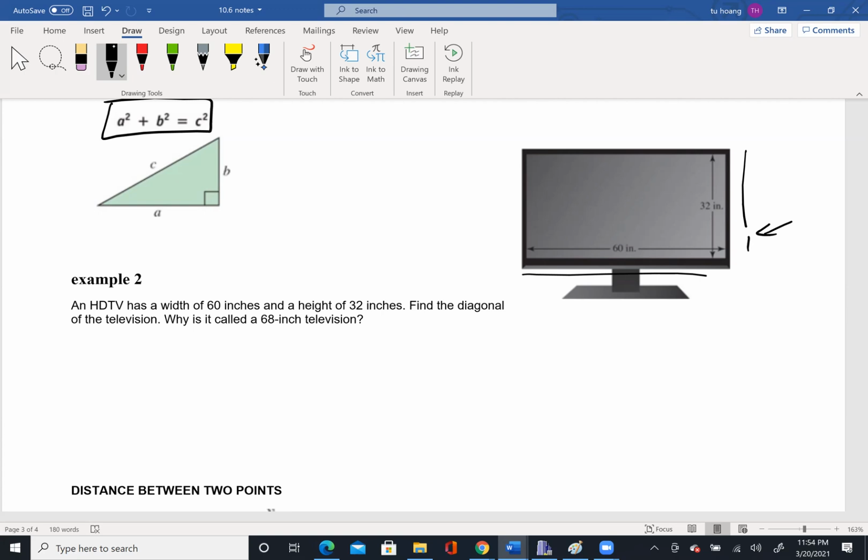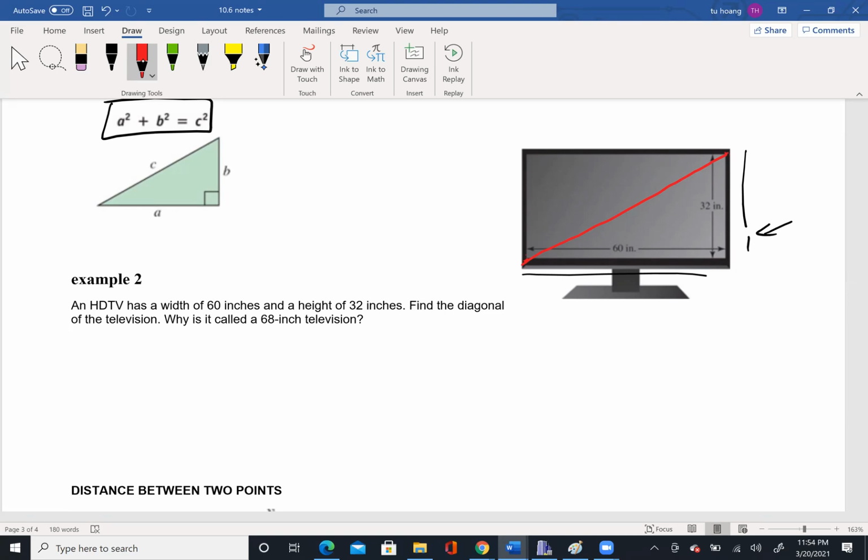What is the diagonal? It is the line that divides the TV into two triangles equal to each other.